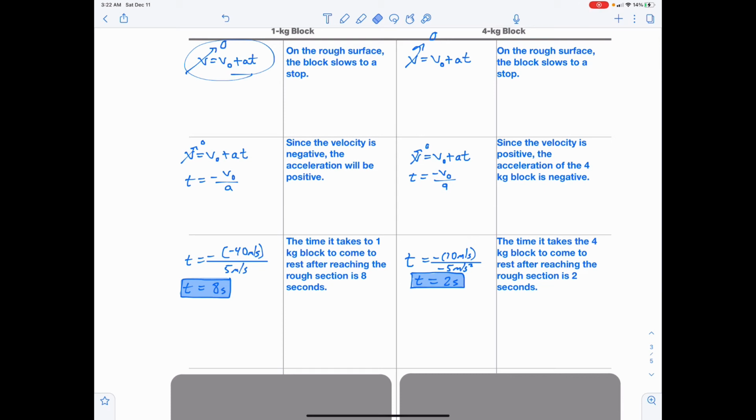And that should make sense. This block is 1/4 the mass. This block is 4 times the mass. 4 times the mass takes 1/4 the time. 1/4 the mass takes 4 times the time. There's a connection there.